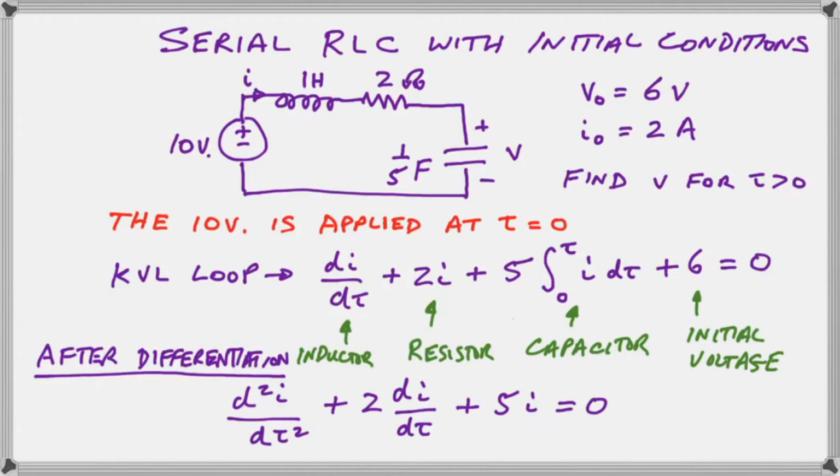Then we differentiate the 2i; the 2 is a constant, so that really is just differentiating the i. And finally, when we differentiate the integral, we just get 5i.